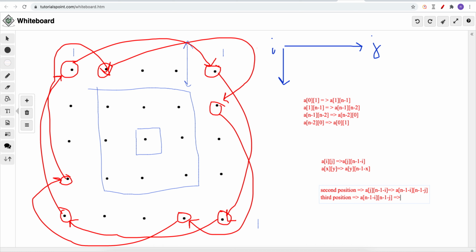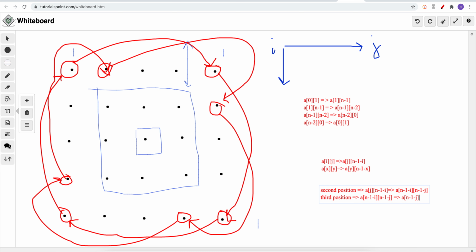If we look at this formula, which is the same, a of y is x, then it is a of n minus 1 minus j.